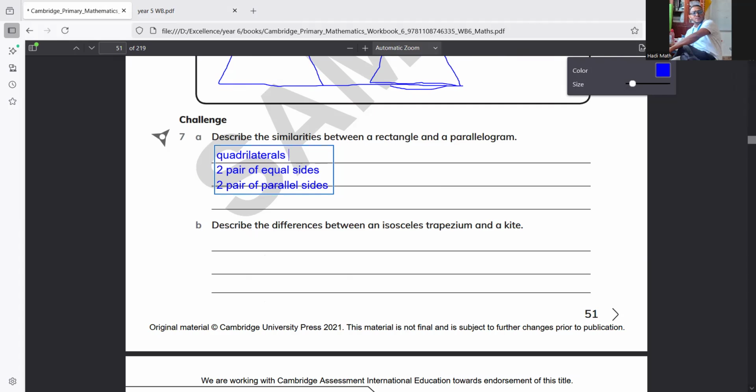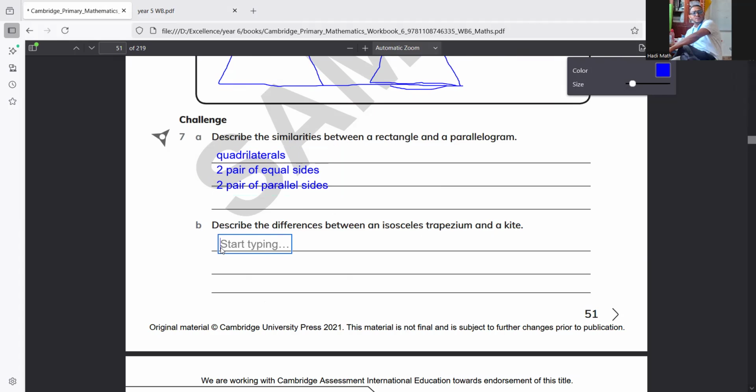Both of them have two pairs of equal sides, and both have two pairs of parallel sides. Describe the difference between an isosceles trapezium and a kite.